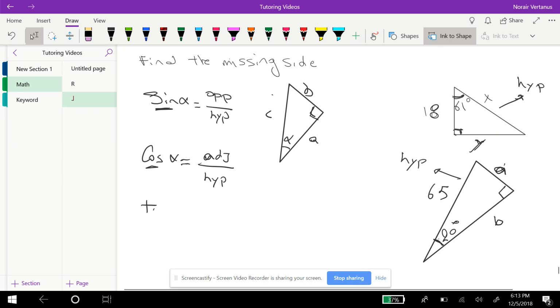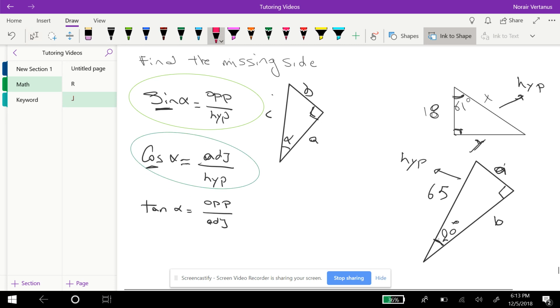And tan of alpha is equal to opposite over adjacent. This doesn't have the hypotenuse. So these three things need to be memorized. That's one, that's two, that's three.